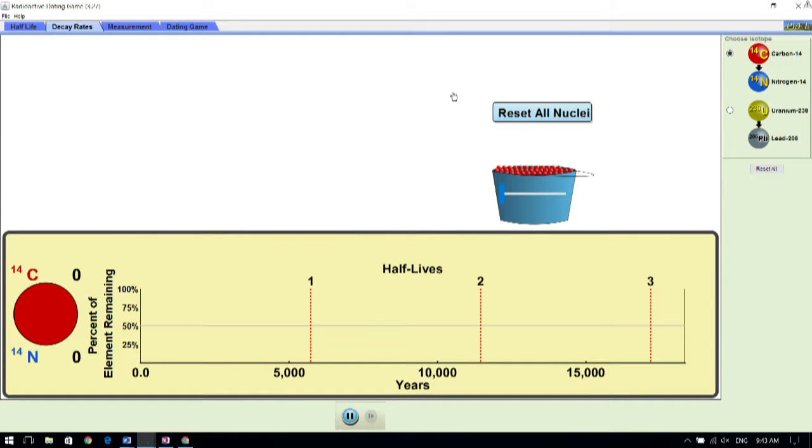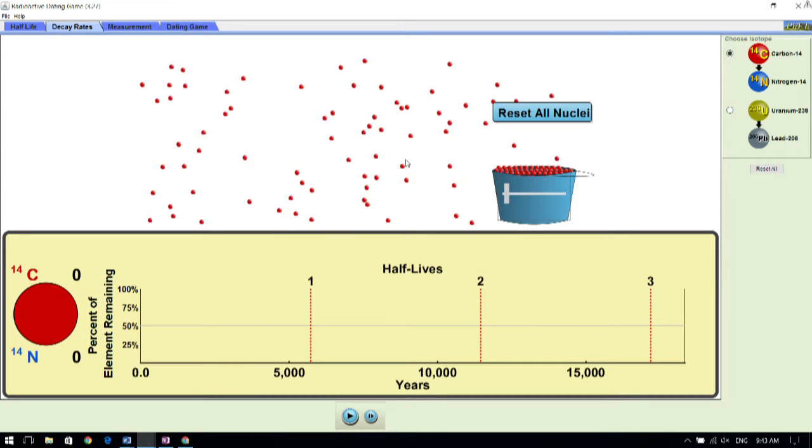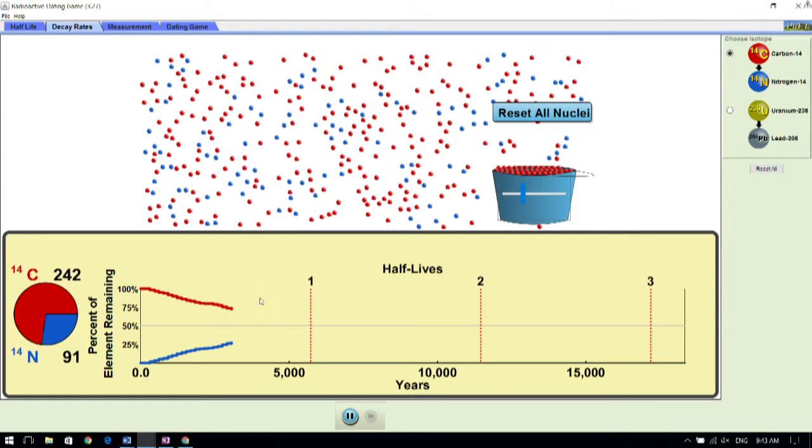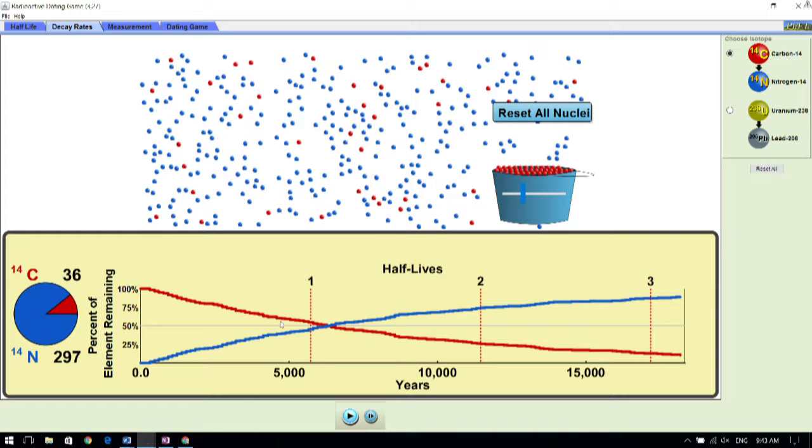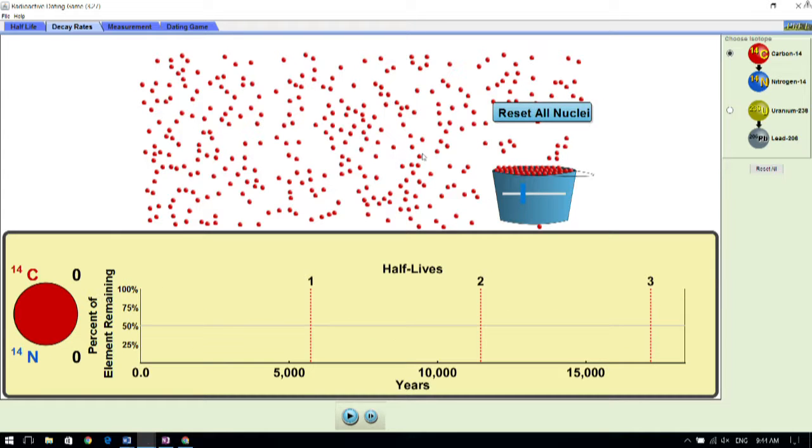And you just scroll the slider across and you press play, and you can watch the red guys, the red carbon, decay into blue nitrogen. So this is another portion of it.